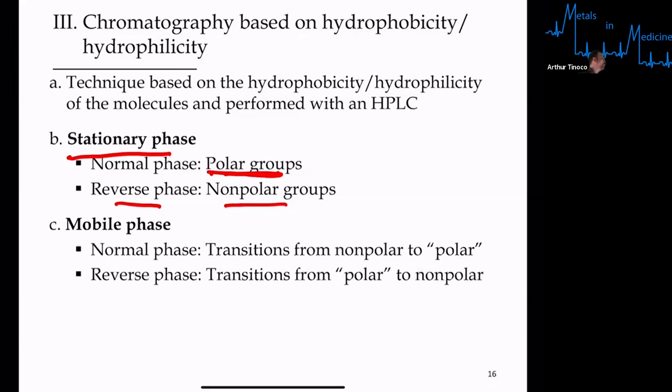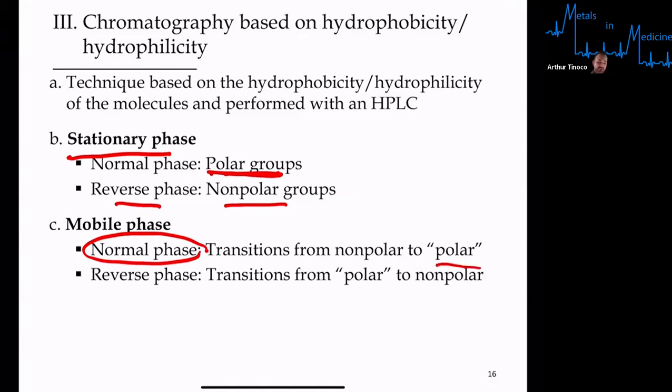All right. So when we're referring to the mobile phase, in the context of normal phase, our solution is going to transition from non-polar to polar, because we're trying to elute things that are more polar, and based on that polarity, we will gauge the elution. But I will note something.